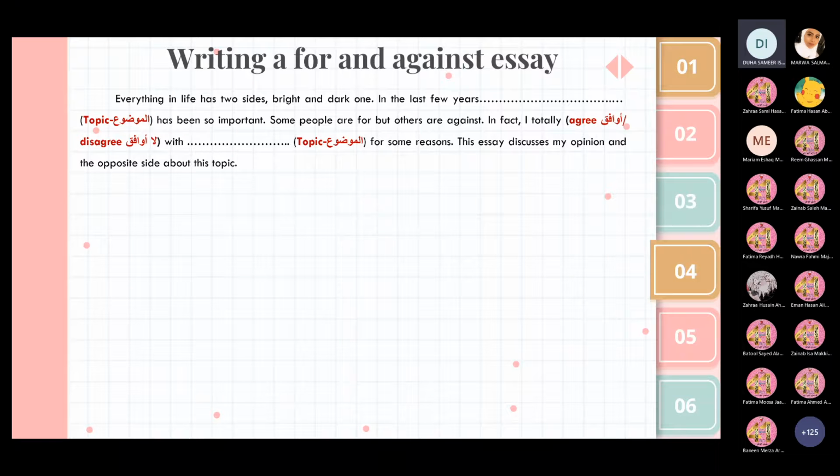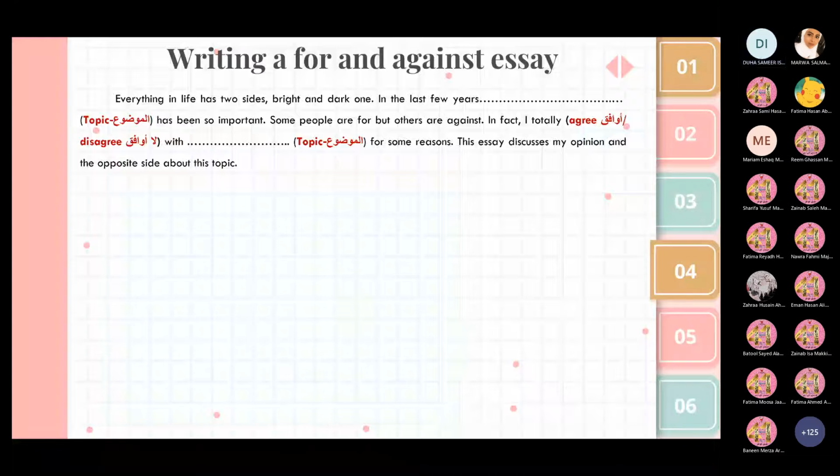If you don't, you're going to write disagree. And again, you're going to mention the topic again after you state your opinion. Okay? Once you're done with mentioning your opinion and the topic, you're going to discuss the advantages and the disadvantages in the second paragraph.